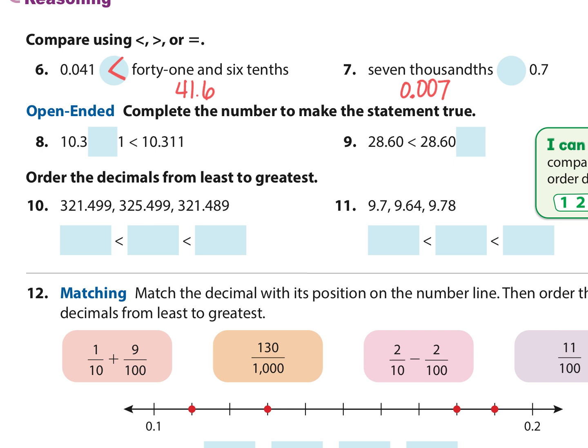Number 7 says 7 thousandths. It looks like this number here. Okay, what if I write this number to thousandths and I put 2 zeros? Then I'm really comparing 7 thousandths to how many thousandths? 700 thousandths. Which one's more?